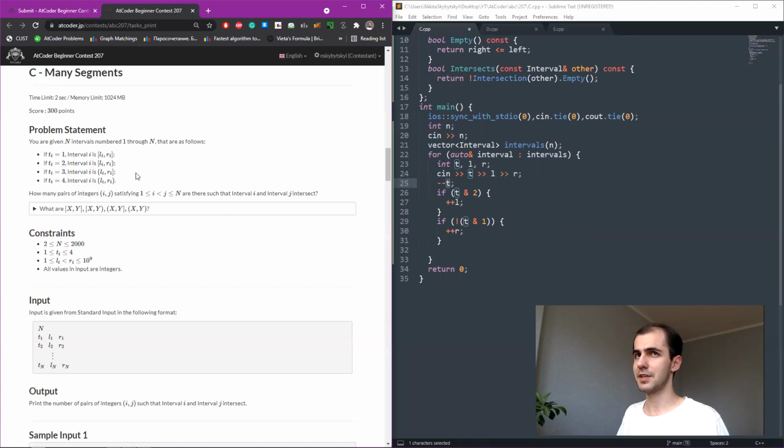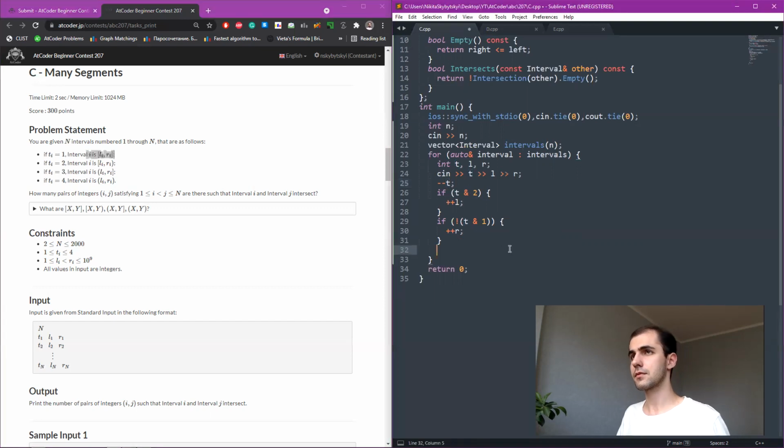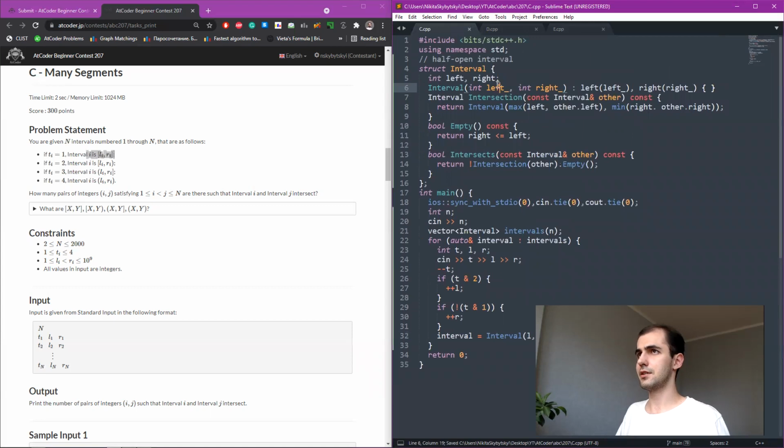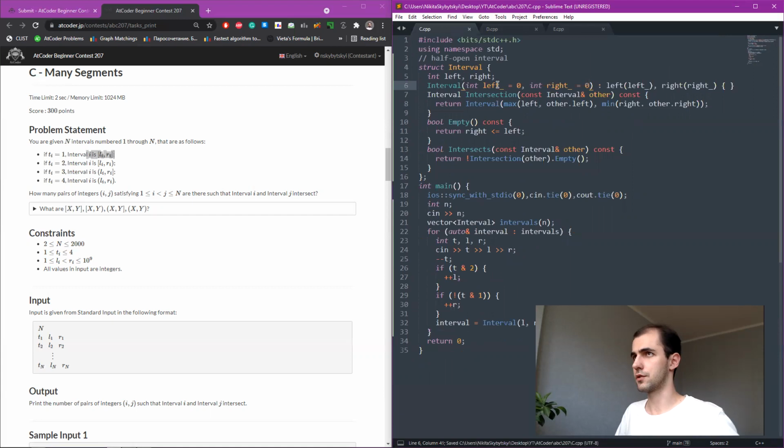These two, and then the same goes for this and this. Anyway, as the interval gets constructed, I also think that I forgot to provide a default constructor, which is of course like this.